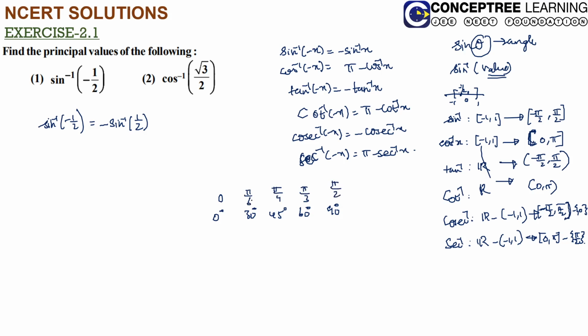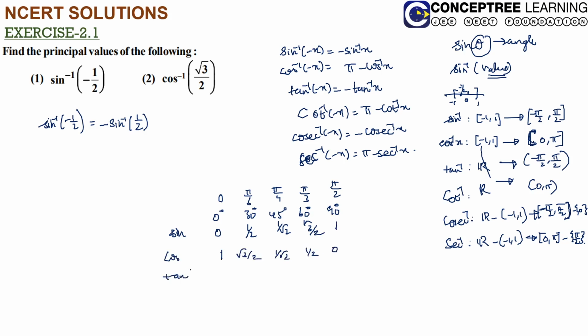In terms of pi, I have written on top, and in terms of degree, I have written here. What is sine? Sine 0 is 0, sine 30 is 1 by 2, sine 45 is 1 by root 2, sine 60 is root 3 by 2, sine 90 is 1. For cos, the same thing is reversed: 1, root 3 by 2, 1 by root 2, 1 by 2 and 0.